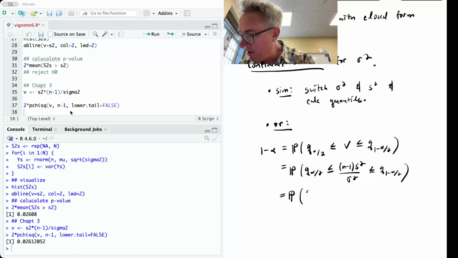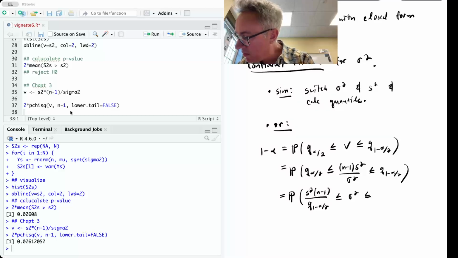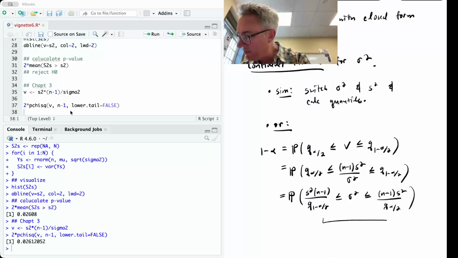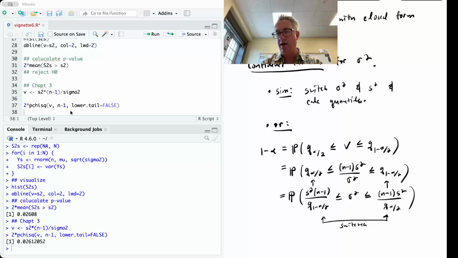I'm going to end up with s squared times n minus 1 over the right-hand quantile, but it's going to be moved over to the left. And the one from the left is going to go to the right. Okay, so now I know what to calculate. So I'm just going to make a little note here. This is switched if you compare to the previous line because you're dividing an inequality.